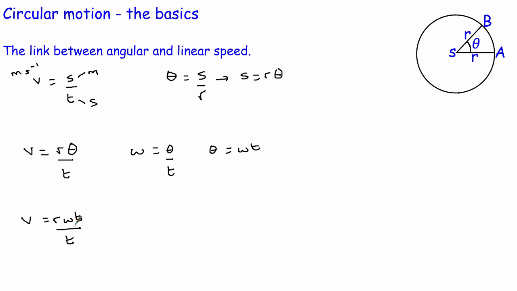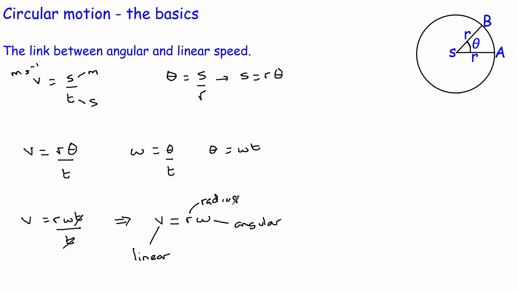The t on the top and the t on the bottom cancel out. So I end up with the linear velocity v equals the radius times the angular speed: v equals r omega. This is our linear velocity, this one here is our angular speed or angular velocity, and this is just the radius.